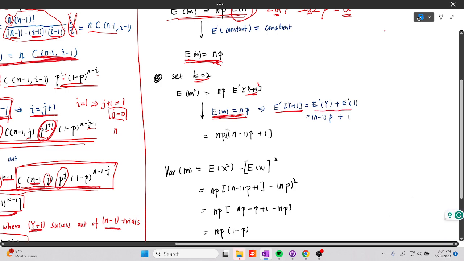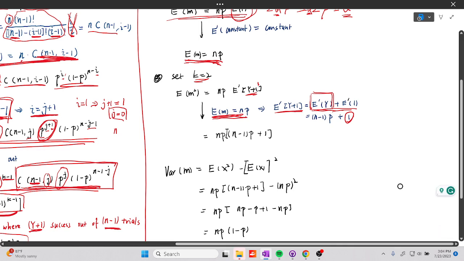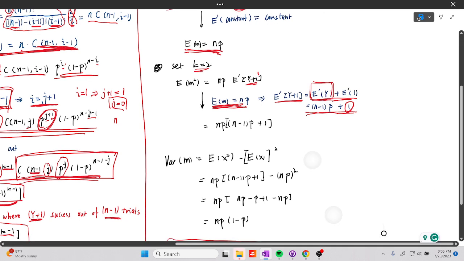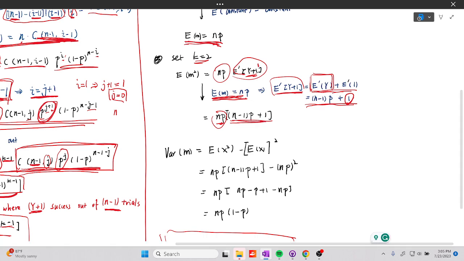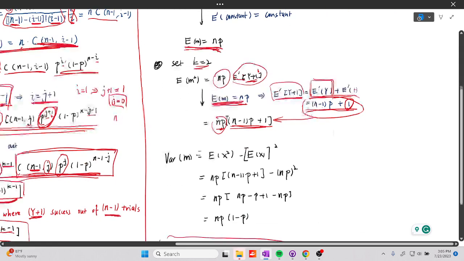Based on the principle, we can divide it into two: E prime of j plus E prime of 1. This again is 1, and this is trying n minus 1 times, so it's (n minus 1)p plus 1. So we plug this back in here, we'll have np times ((n minus 1)p plus 1).